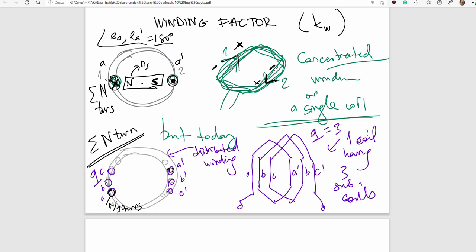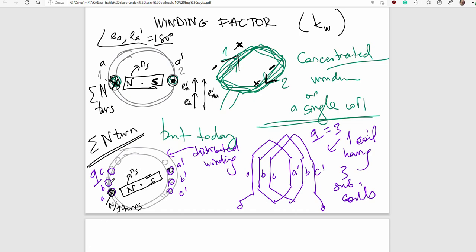So the induced EMF will be very good. I mean, the A is connected in series with this one, which is EA prime, making EAA prime.